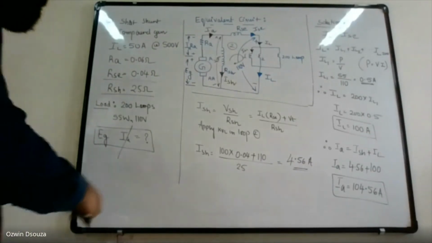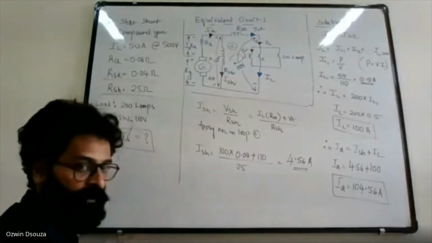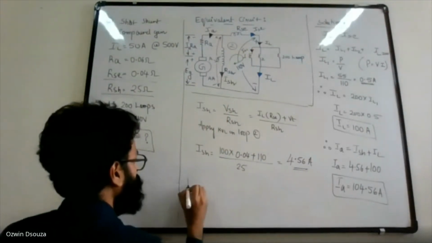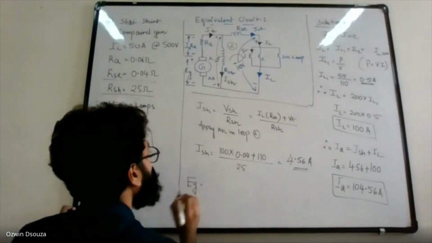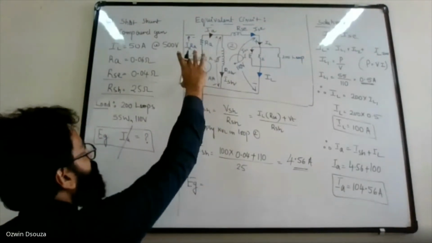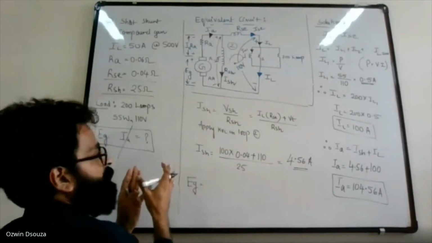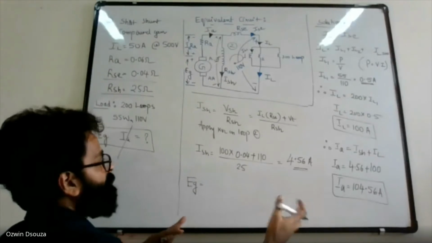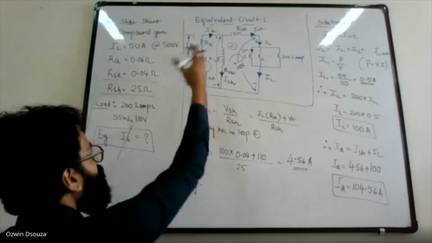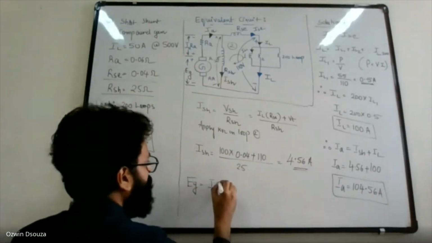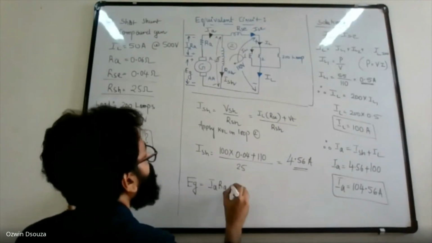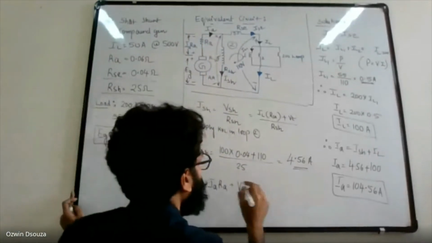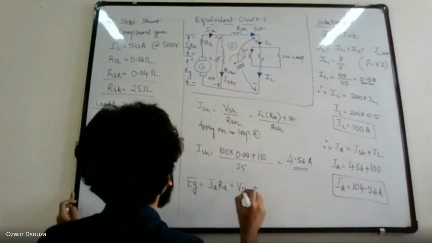Once armature current is found, you can find out the induced EMF. So induced EMF EG: summation of EMFs is equal to summation of potential drops. So EG is equal to IARA plus VSH, the voltage across the shunt field, and plus brush contact drop.